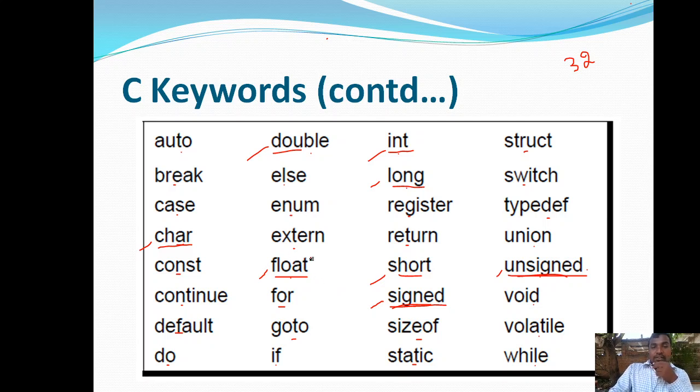In the further classes, we are going to discuss several loops available in C programming. At that time we will discuss for, while, and do while. These for, do, and while keywords are reserved for handling loops.